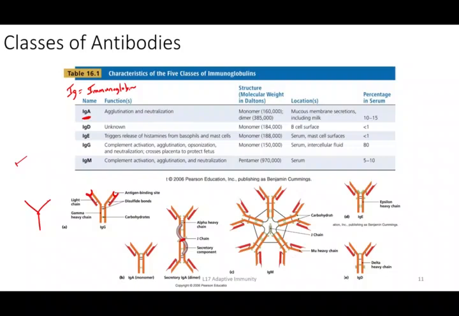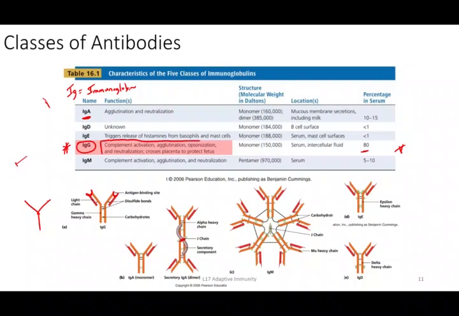The only one that I really want to focus on, and it's for a couple of reasons, is this one, IgG. The reason this one is so important is that it makes up most of what is in your circulation. So if you're talking about antibodies in somebody's blood, it's mostly IgG. The other thing that's important is that IgG exhibits all of the functions that we're interested in.